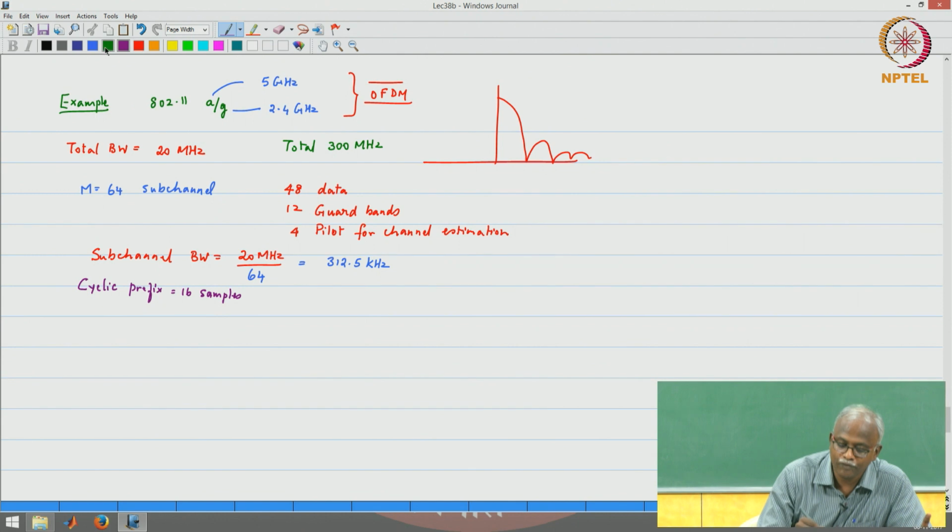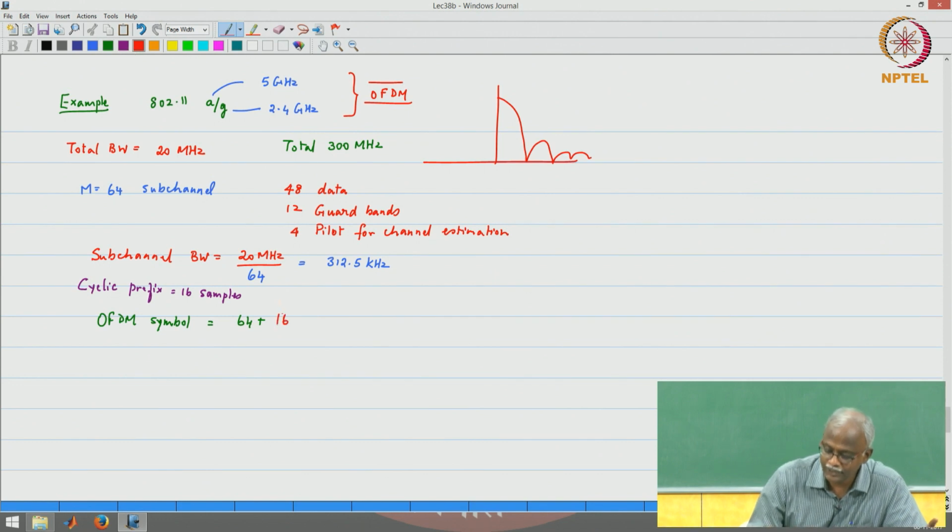So, one OFDM symbol is going to be 64 plus the cyclic prefix of 16. This is the cyclic prefix. The 64 is the data. You can see the redundancy coming in. So, basically this will be equal to 80 samples. That is what is going to be transmitted.